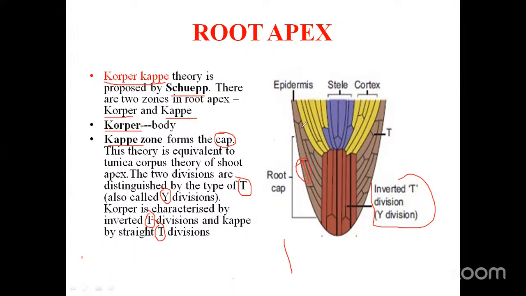Body, the body, the Korper is characterized by inverted T. This is the Korper. So actually, right, this one, kappe zone.